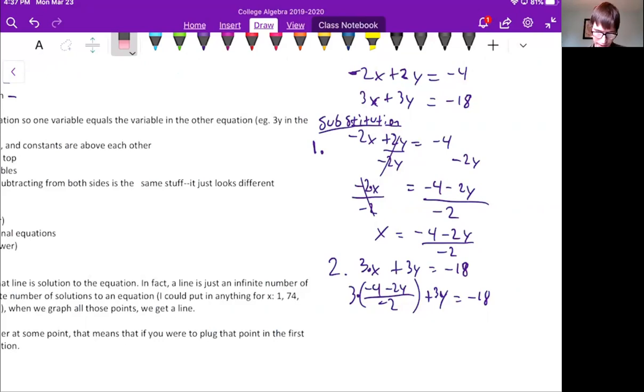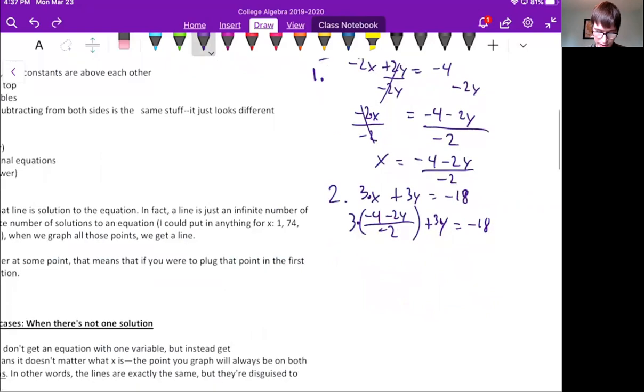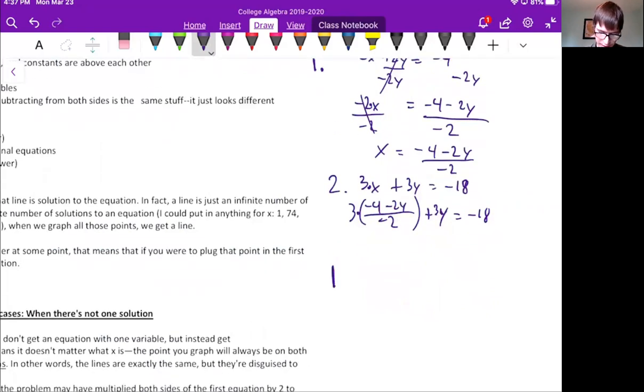Oops, that was my register still on. I'm going to divide all of that. So 3 times (-4 minus 2y) over -2 plus 3y equals -18.